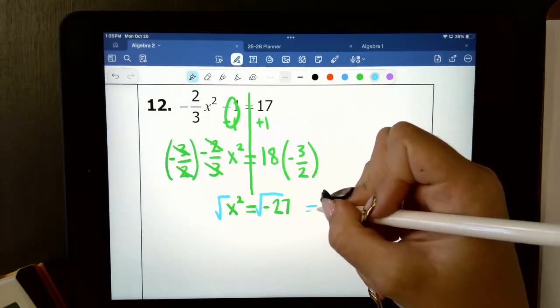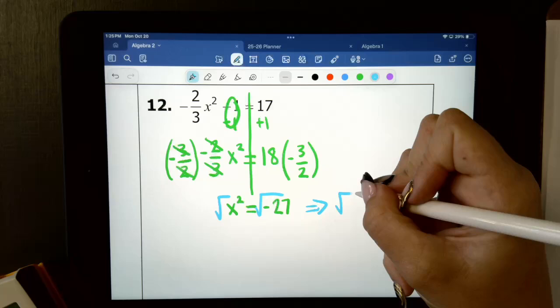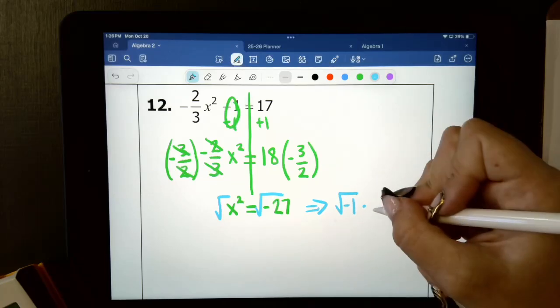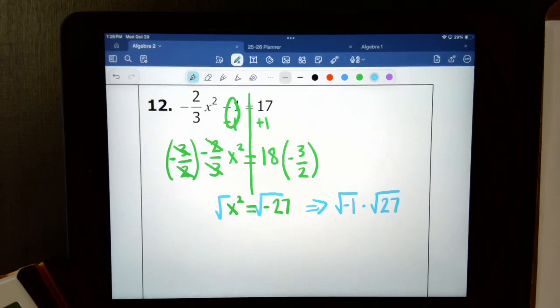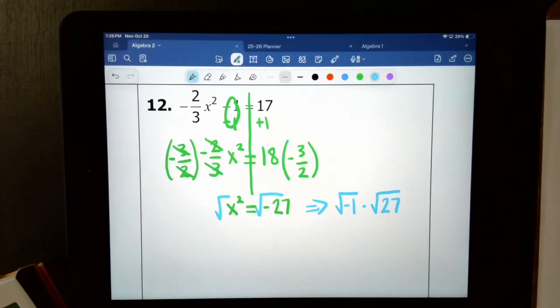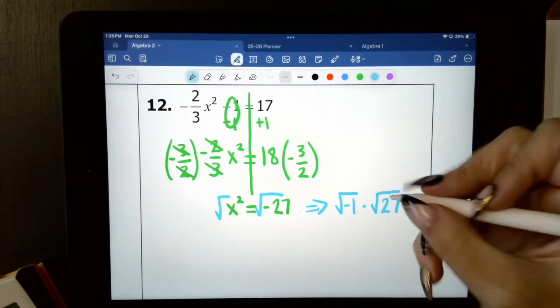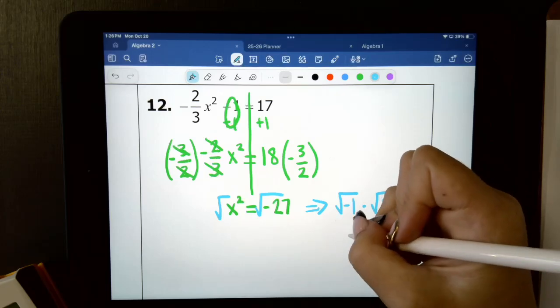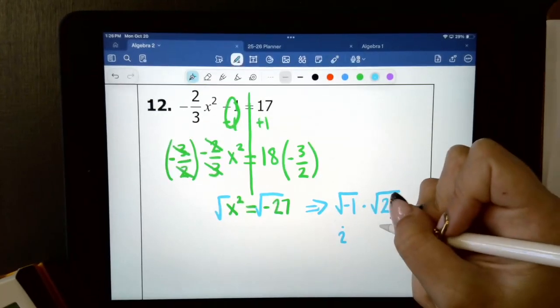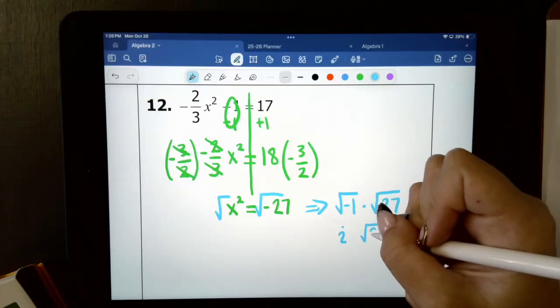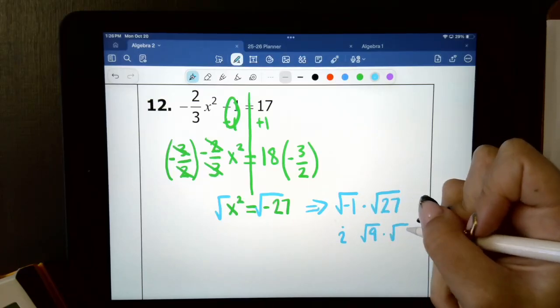Now, let's break it down. 27. So, when we're looking at 27, there's only a couple factors of 3. So, if we break it down, we'll have i for our square root of negative 1, and then the square root of 9 times the square root of 3.